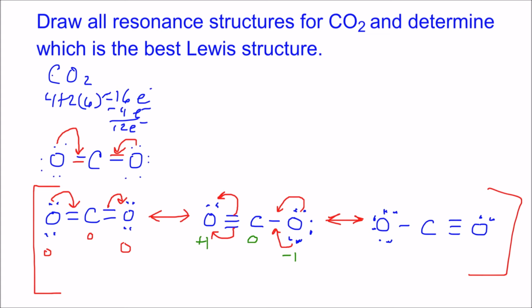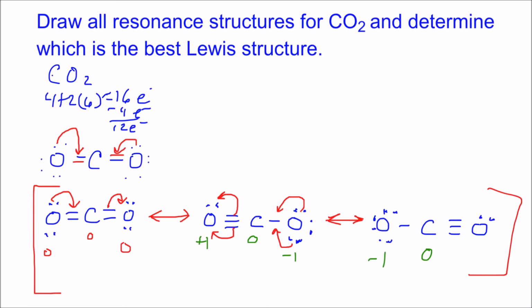Okay? Let's do our formal charge. This oxygen's supposed to have 6. It's got 1, 2, 3, 4, 5, 6, and it owns 1 right here, which makes 7. So that's 1 extra electron. The carbon is supposed to have 4, and it owns 1, 2, 3, 4, so that's a 0 charge. And the oxygen over here is supposed to have 6, and it owns 1, 2, 3, 4, 5.